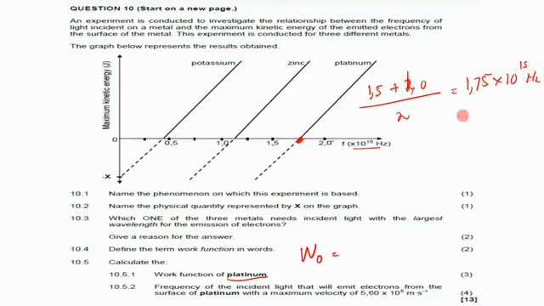So note when they give you the graph and they put your values in here, that means whatever solution you get, you will have to express it in the form of times 10 to the exponent of 15, right? Okay, so now let's calculate the work function. For 3 marks, we know what formula to use.